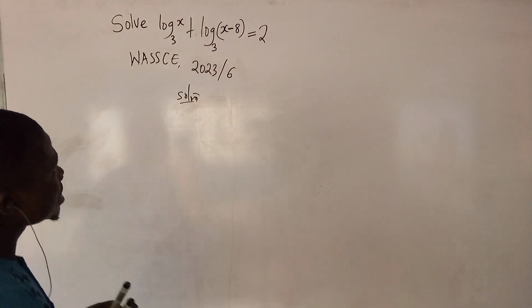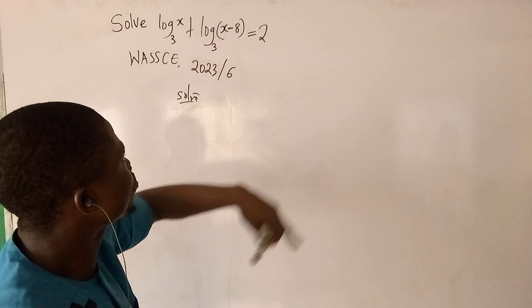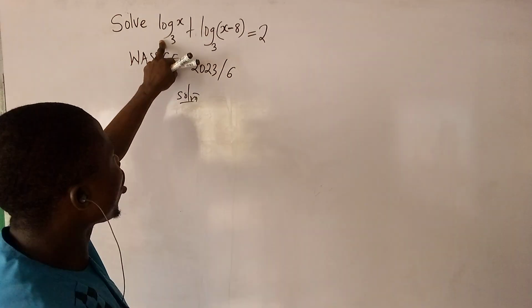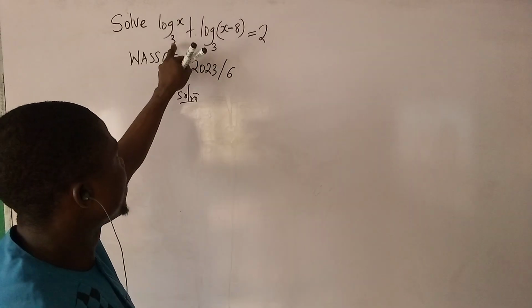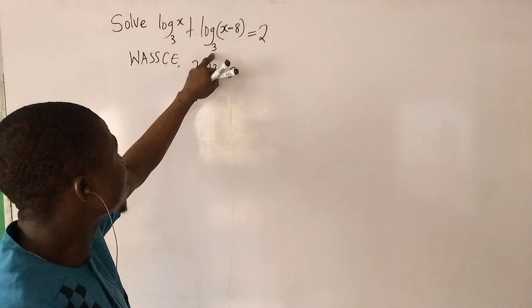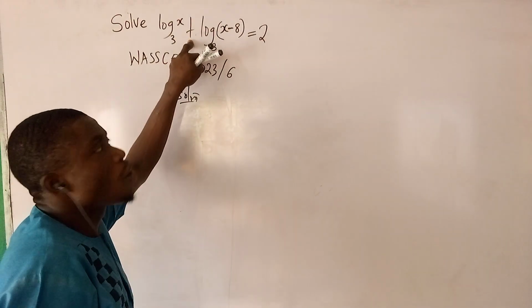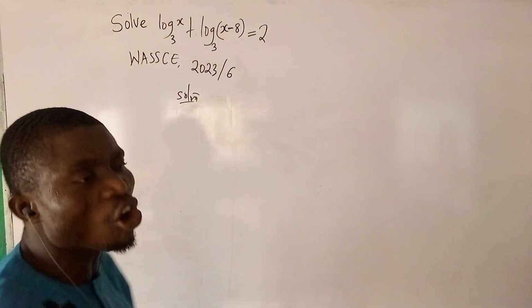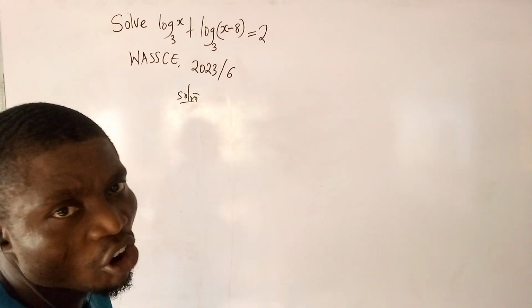Okay, looking at this question, we find that these logs have a common base 3, right? And this is addition, so we are going to utilize the addition law under logarithm.